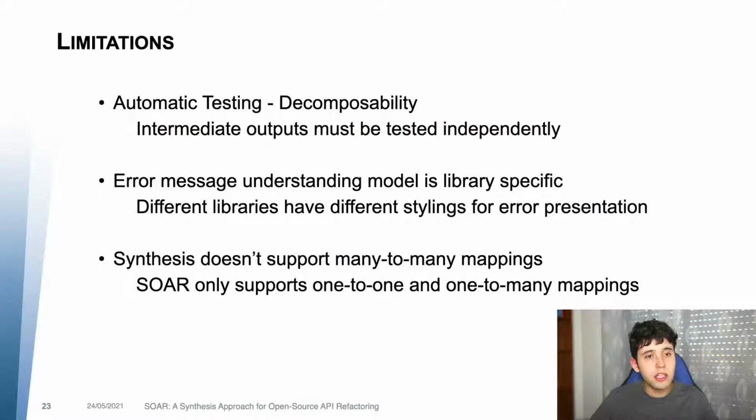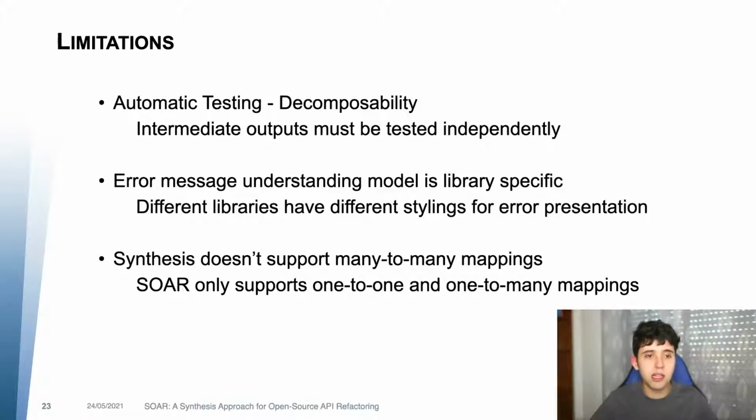SOAR is an entirely new approach to API refactoring, and there are still some limitations and many avenues for future work. One limitation is that SOAR requires intermediate outputs to be tested independently, and essentially this means that it must be possible to test each refactored API independently.